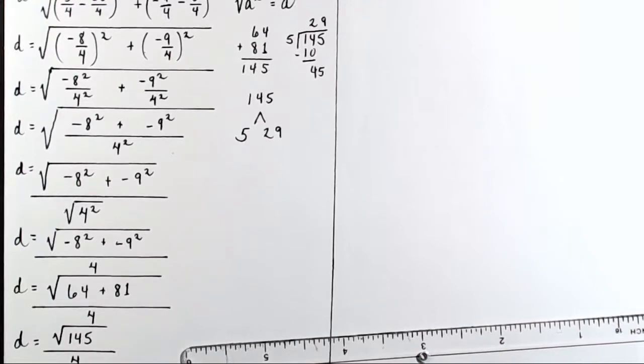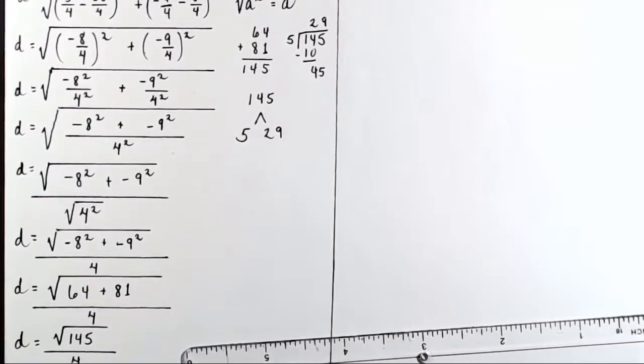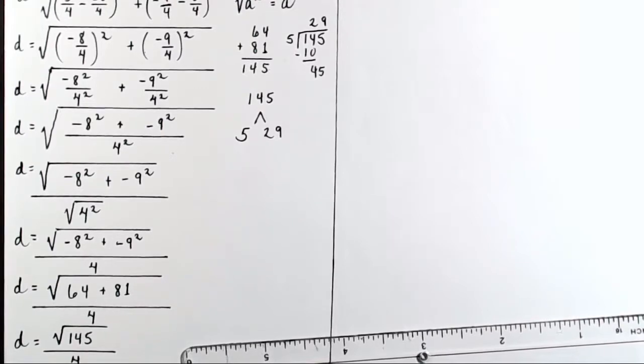So I want to check my math. I'm just looking back over the problem to see if I made any mistakes. Yeah, I see the mistake. And I wanna absolutely die right now.